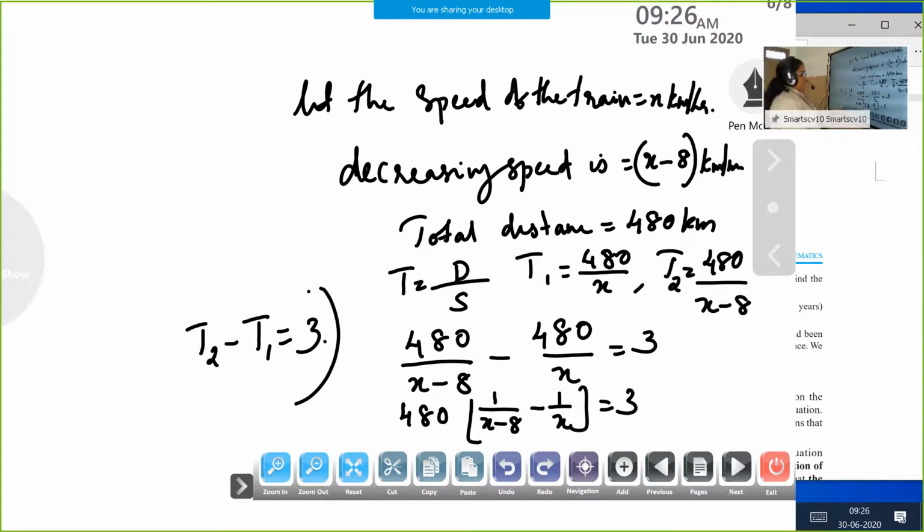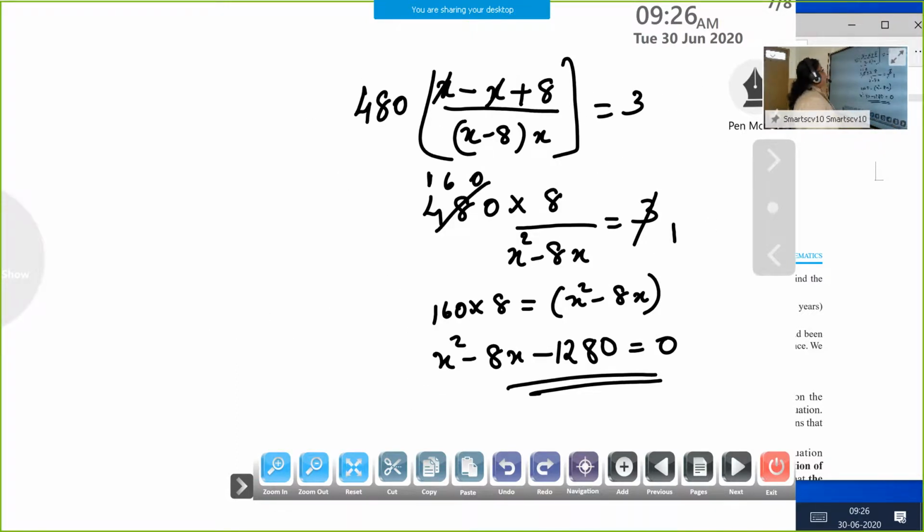Taking the LCM, x minus x plus 8 divided by x minus 8 into x is equal to 3 divided by 480, that is 480 into 8 divided by x square minus 8x. 3 and 480 cancel by 1 and 160. Cross multiply: 160 into 8 is equal to x square minus 8x. That is x square minus 8x minus 1280 is equal to 0. Clear?